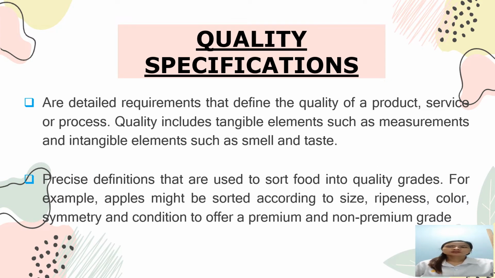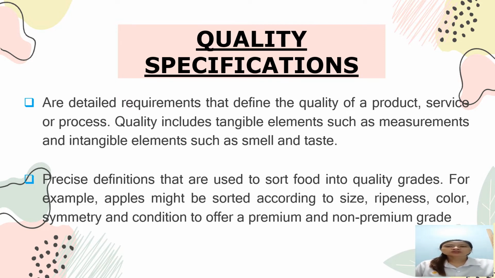So, quality specifications. After we knew about the standard purchasing specifications, we are now going to the subtopic, which is quality specifications. These are detailed requirements that define the quality of a product, service, or process. Quality includes tangible elements, such as measurements, and intangible elements, such as smell and taste.